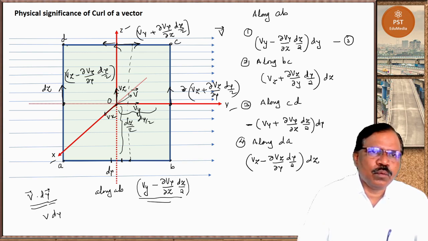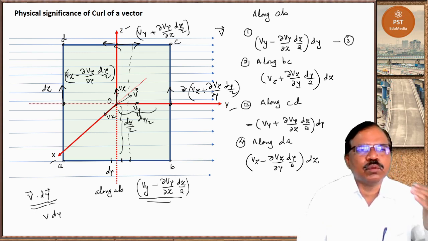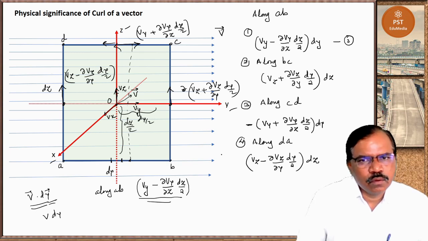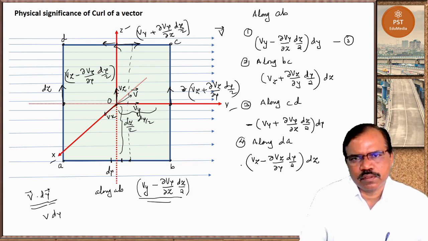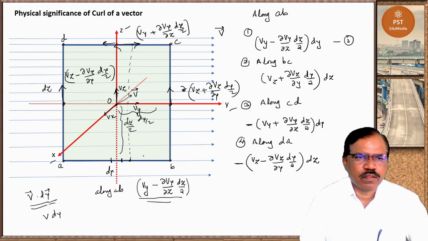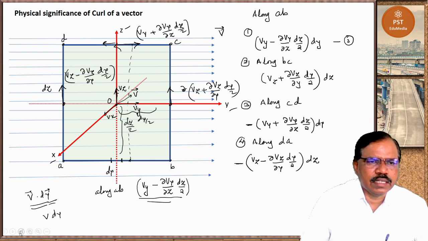Again here we are going from D to A, which is opposite to the direction of the vector field component. So we have to take a minus sign here.